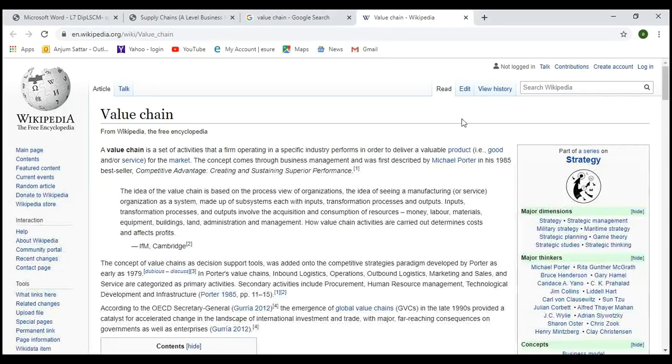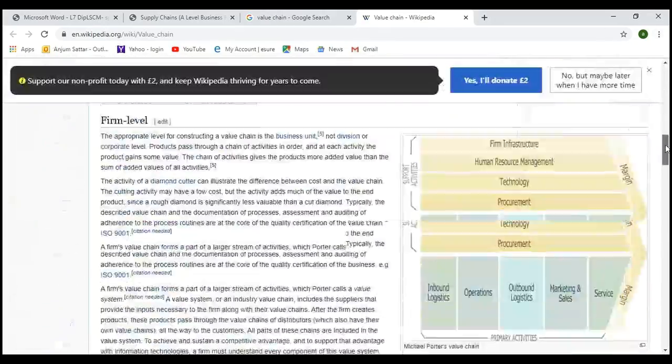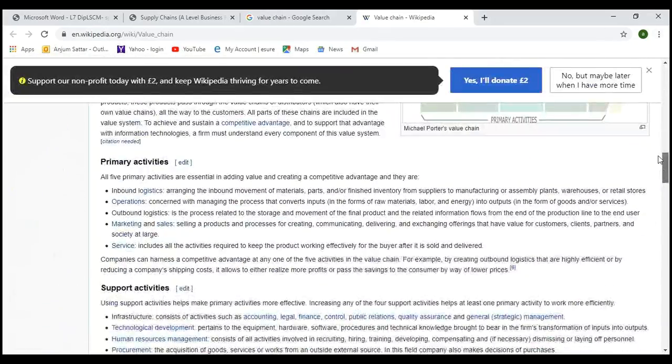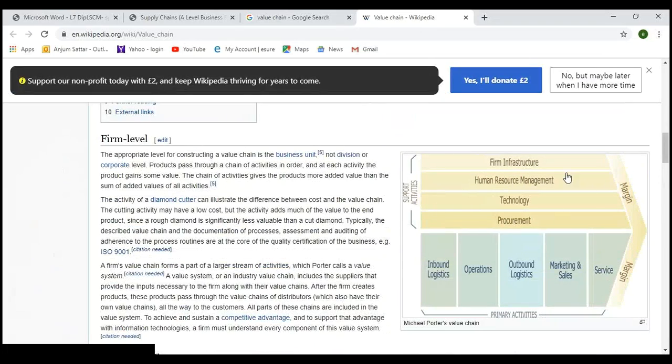If we look at this model, we have primary activities and supporting activities. According to Michael Porter, inbound logistics, operations, outbound logistics, and service are the primary activities.